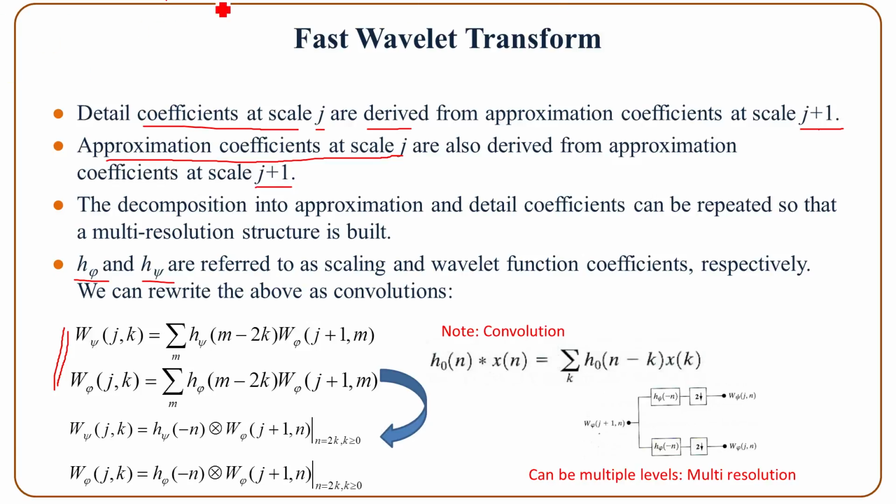So here we can see that the wavelet coefficients at scale j are derived from the approximation coefficients at scale j plus 1. And similarly, the approximation coefficients at scale j are derived from the ones at scale j plus 1.